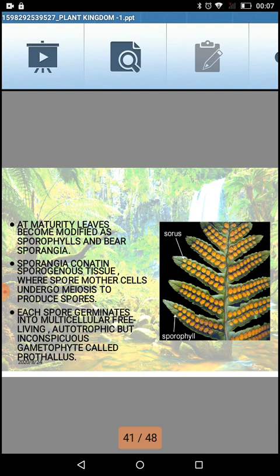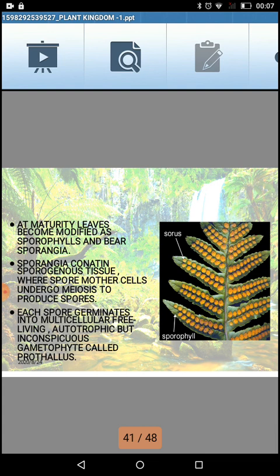Each spore germinates into a multicellular free-living gametophyte, autotrophic in nature but very inconspicuous, and it is called the prothallus. So the structure you are seeing now in this slide is a sporophyll containing the sporangia.